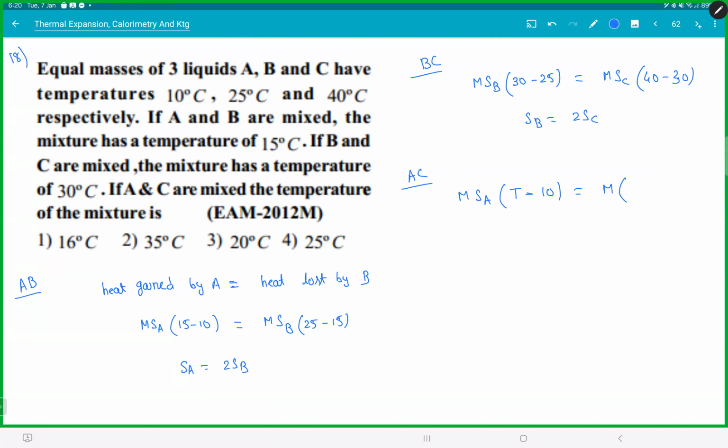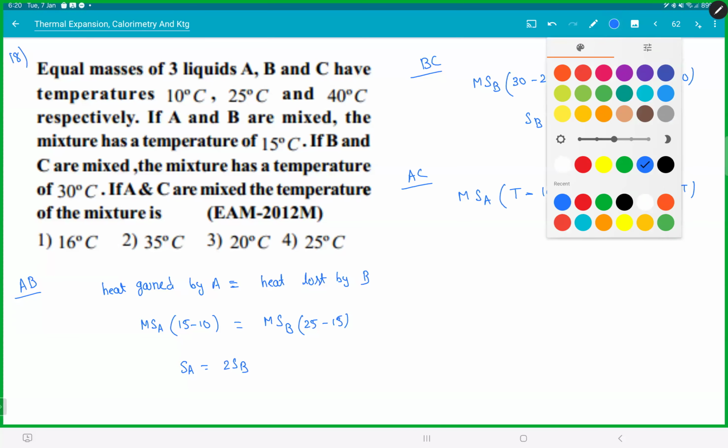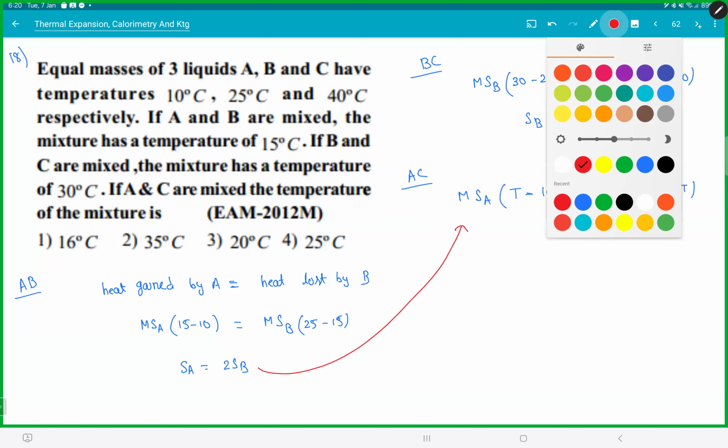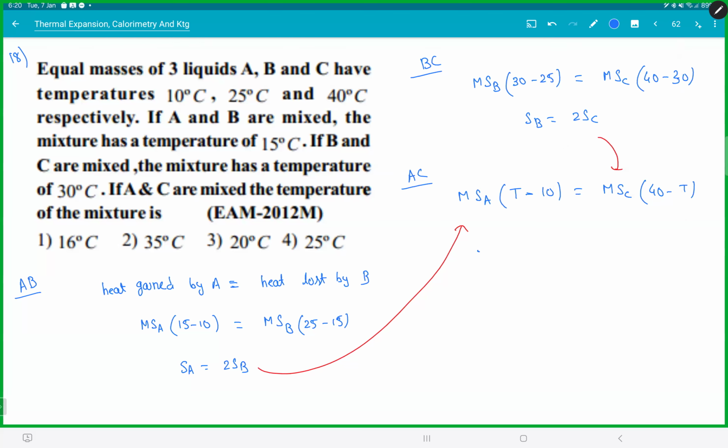C is definitely losing heat here because it has more temperature, 40 minus T. So take SA from here, SB from here, SC from here and substitute. M will cancel, SA will be 2SB. T minus 10, SC is SB by 2, 40 minus T. SB cancels out, you'll get T equals 16 degrees.